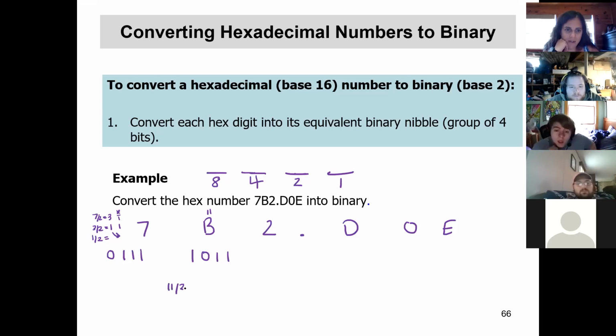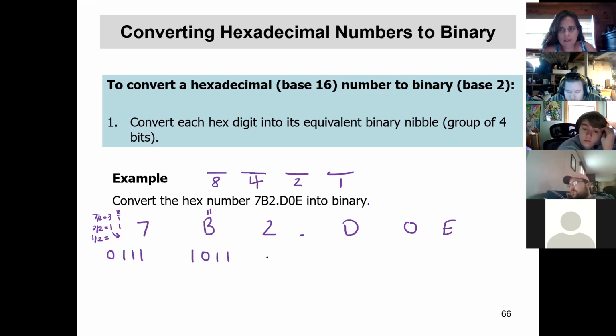So 11 divided by 2. Okay. 2 in binary, you probably already memorized it, is 0, 0, 1, 0.